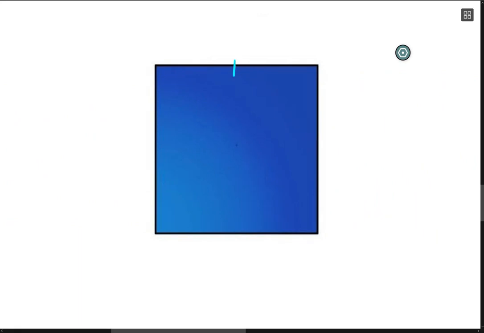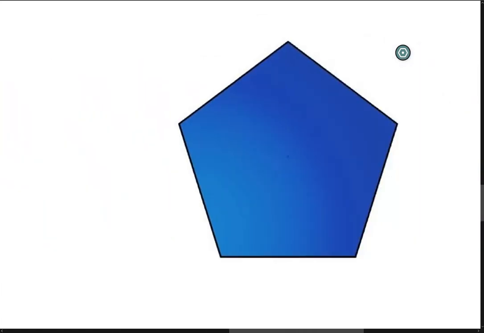So for this regular four-sided figure, that's all true, right? For this regular five-sided, if it's regular, that is all true. Are we all on the same page there?